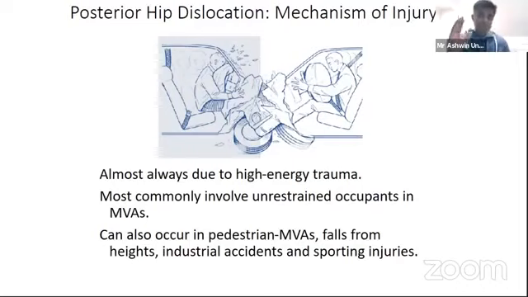As a matter of fact, the last five hip dislocations in a virgin hip I have seen were not big trauma, but a fall from standing height in the elderly population. So one has to always appreciate that a hip dislocation of a virgin hip is not mainly from massive trauma. But if you're looking at a young patient, the hip dislocation is mainly coming from a high energy trauma.